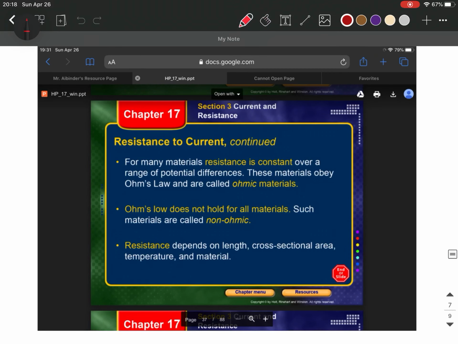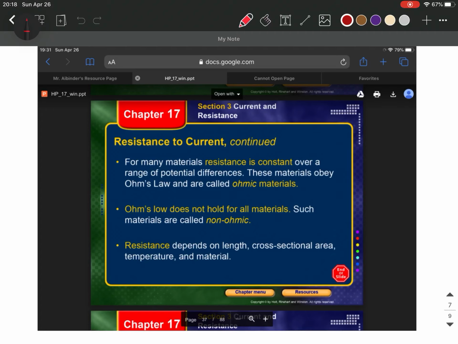So now let's talk a little bit more about what resistance is. For many materials, this resistance to motion of the charged particles is constant over a range of potential differences. So these materials obey Ohm's law, which is the formula we just covered in that problem. Those are called ohmic materials.